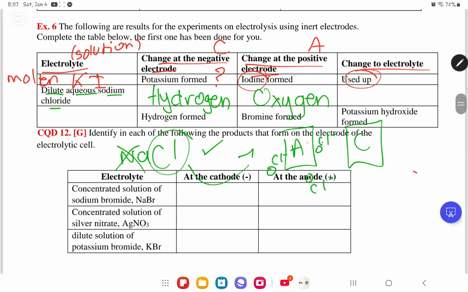But what forms instead at the anode is oxygen, or OH minus, because it is stronger. But during that time, the remaining OH minus in the water would have bonded with the Na plus, so it will form NaOH.